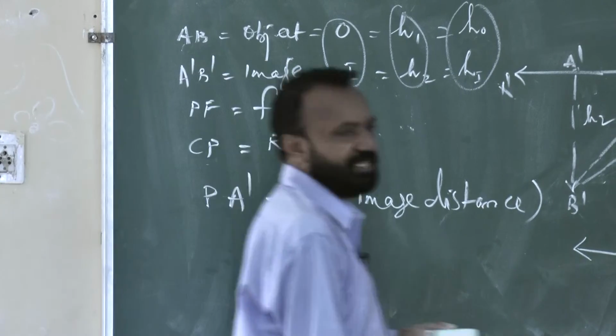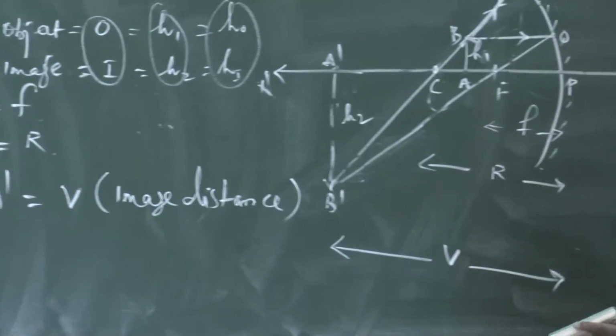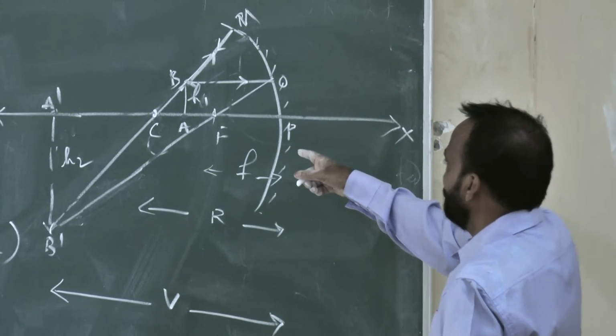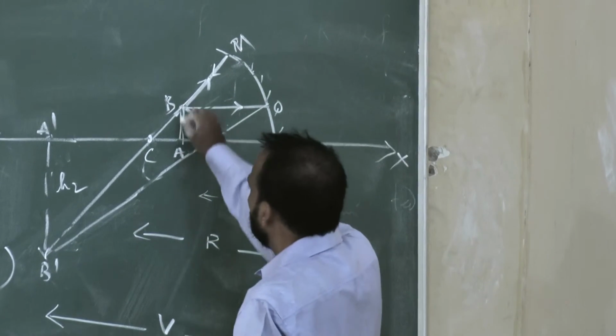Now I will write the object distance. See the diagram. What is the object? This is AB, you know, this is the object.